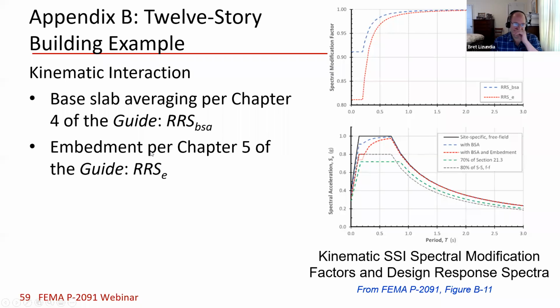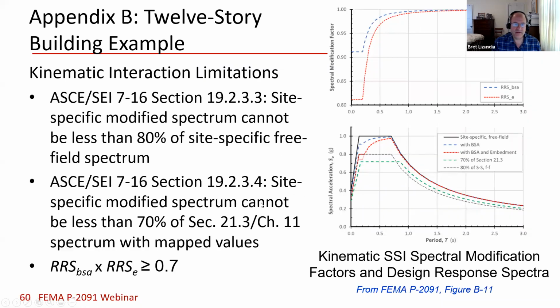There is a detailed discussion of base slab averaging in that guide. There's a detailed discussion of embedment, and you can see the results of these different response spectra and how they drop things down, and then there's some limits that kick in. So for example, in Chapter 19, which is where the SSI provisions are, the site-specific modified spectrum that was used can't be below 80% of the free field.